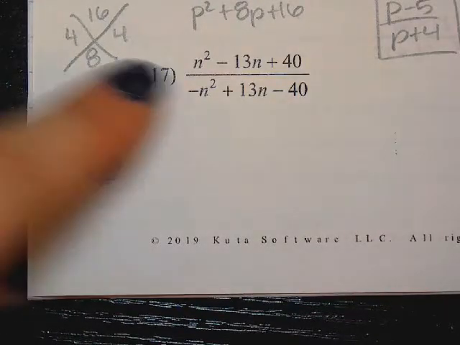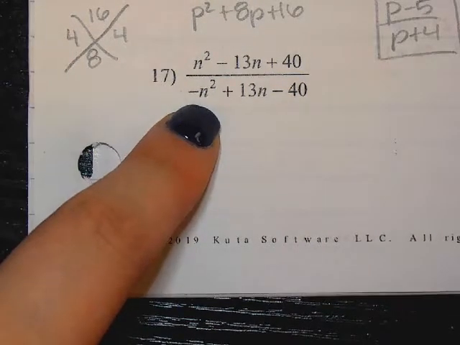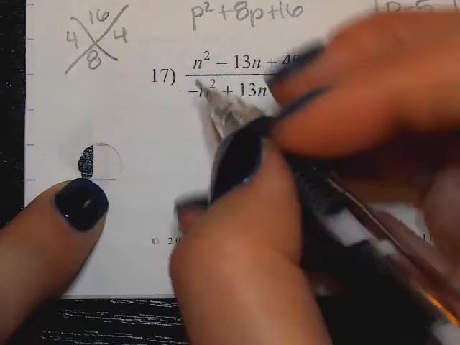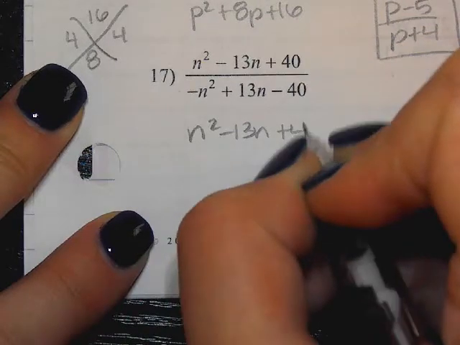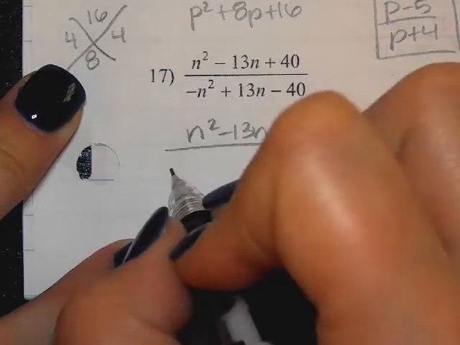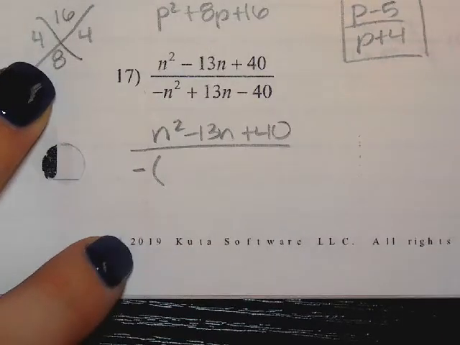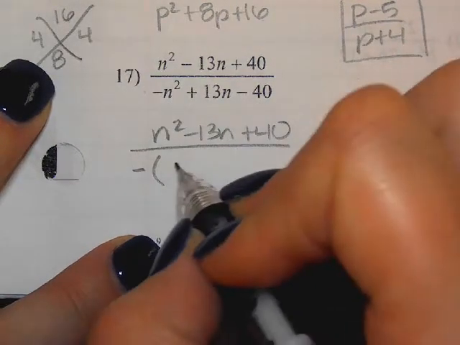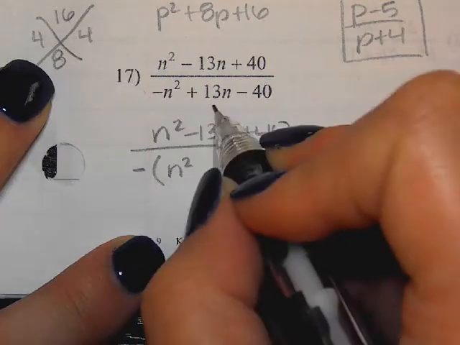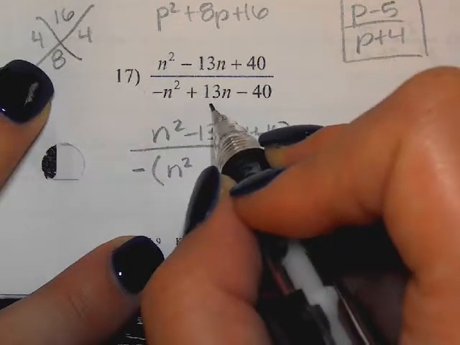Yeah, so if you have a negative in the front, you have to take out the negative in the front. So I'm going to leave the top the same. On the bottom, I'm going to take out the negative. And once I take out the negative, what do I have left? But not plus anymore.